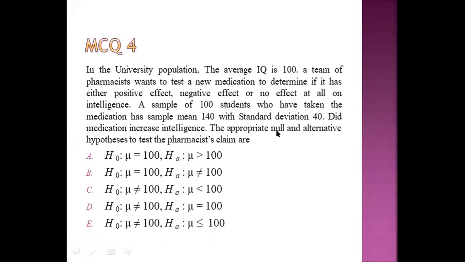The appropriate null and alternative hypotheses to test the pharmacist's claim are... B. Yes, B, because in this there is no direction. In the null hypothesis, H naught, mean is equal to 100, and in the alternate hypothesis the mean is represented by the inequality sign, not equal to 100. Therefore, the correct option should be B.